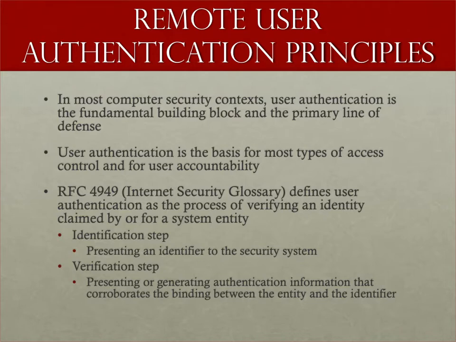So you have to provide all your IDs. Once you are identified, the university will give you credentials to access the system. So the identification step is presenting an identifier to the security system. So you present all the proofs that indeed this is your identity.